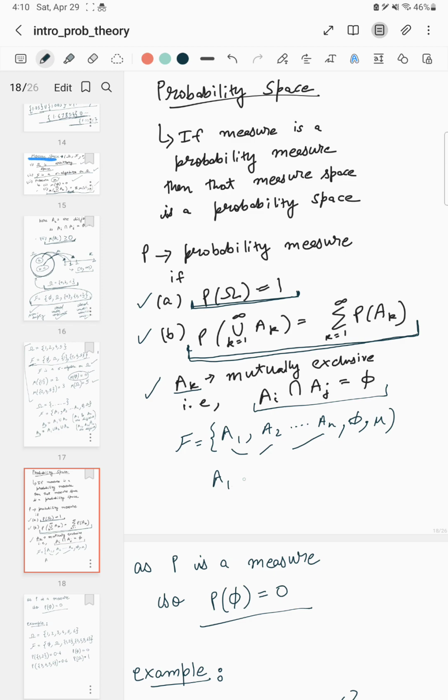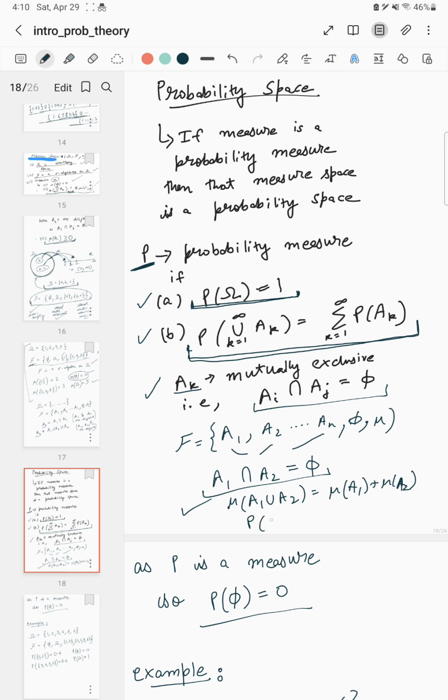so A1 intersection A2 is phi because they are disjoint. Then the measure of A1 union A2 is the measure of A1 plus the measure of A2. And since probability measure is a type of measure, it follows this property.